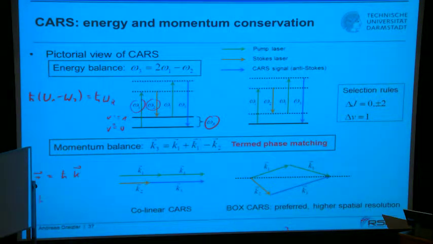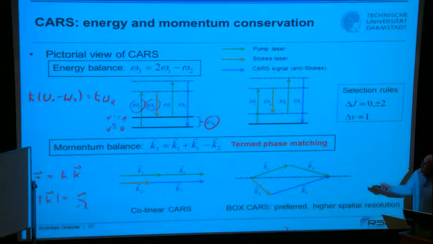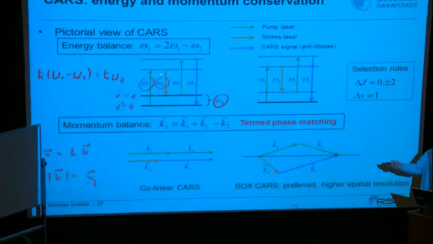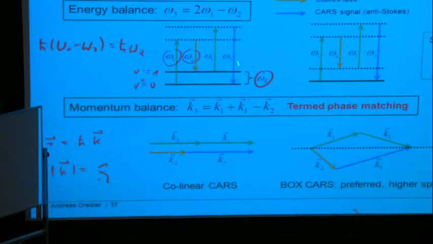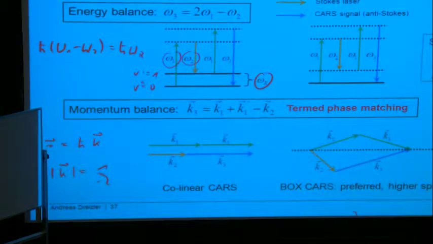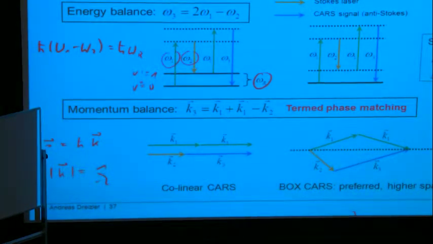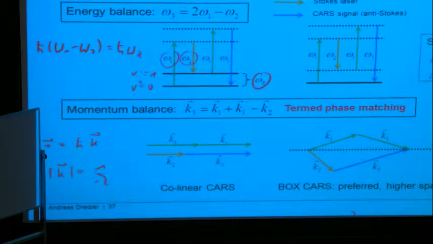The wave vector from its modulus is simply 1 over the wavelength. So it can be simply computed. So when we destroy, when we consume a photon and create a new one, again destroy a photon in this process and create a new one, you do not have to match only the energy balance. You have in nonlinear spectroscopy as well to balance the momentum.